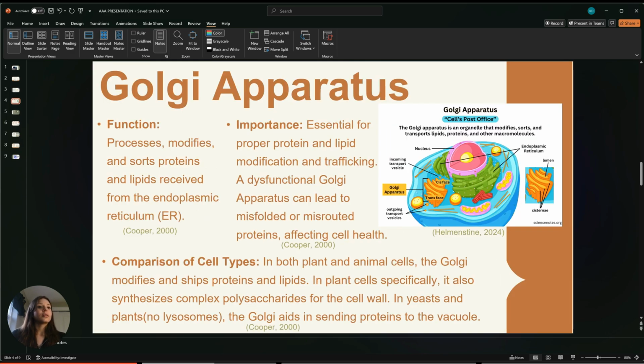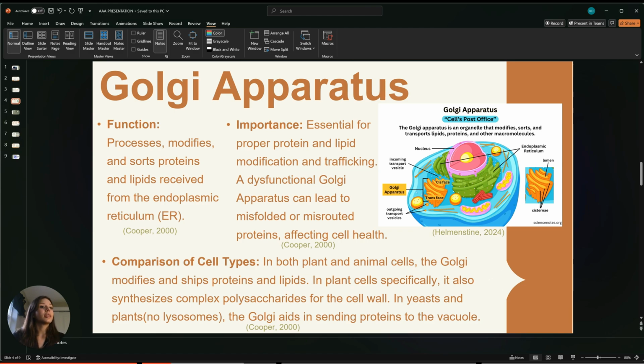Next up, the Golgi apparatus. The Golgi apparatus processes, modifies, and sorts proteins and lipids received from the endoplasmic reticulum, the one we just talked about. It packages them for delivery to their correct destinations, such as the plasma membrane, lysosomes, or for secretion.